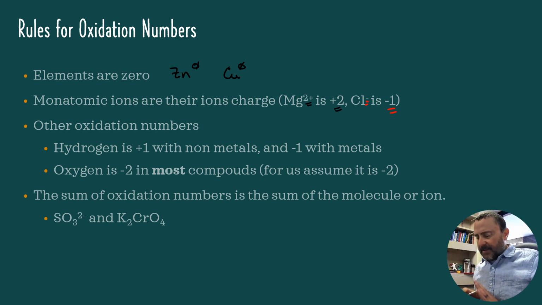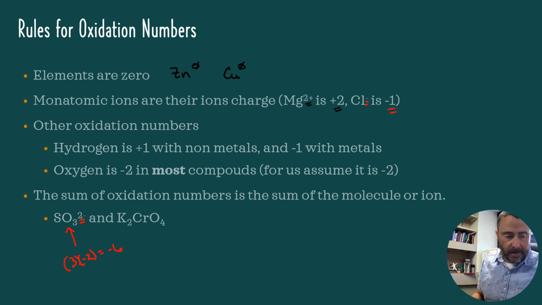And then it says that the sum of the oxidation numbers is the charge of the molecule or the ion. What I mean by that is, here we have this whole ion is -3. Or sorry, -2. I can't even look at that number and pick it out. I've got 3 oxygens that are each -2, so that's -6.